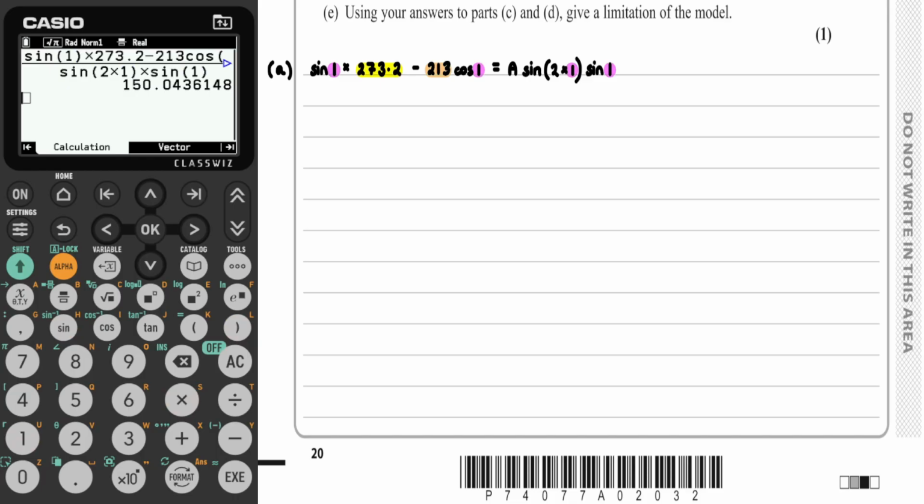It turns out we get 150.04, etc. So to 3 significant figures we have 150, meaning for our differential equation we have sin t times dx over dt subtract x cos t equals 150 sin 2t sin t.